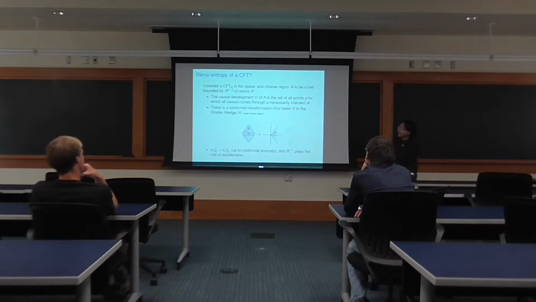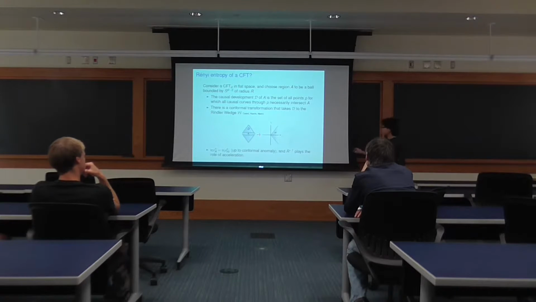In the case of conformal field theory, things are even better. Let's consider a region A that is a ball bounded by a (d-2)-dimensional sphere of radius r. In this case, there's a special region called the causal development of A, such that every point in this causal diamond is only causally affected by A. It is observed that there is a conformal transformation that takes this causal diamond into the Rindler wedge.